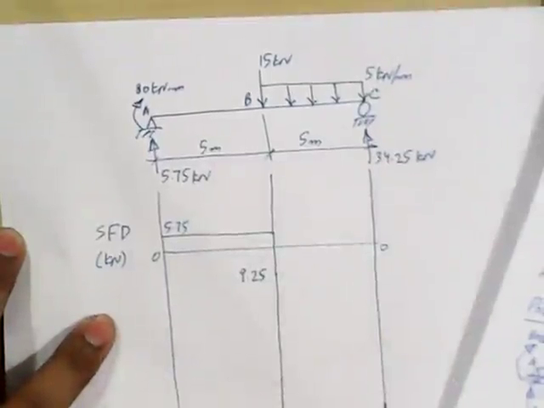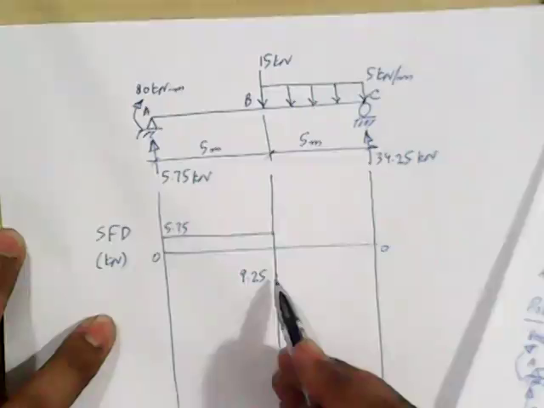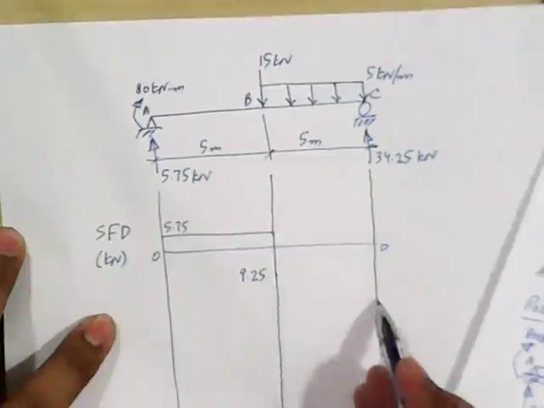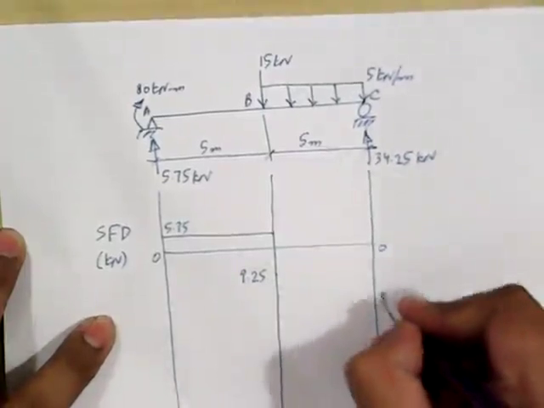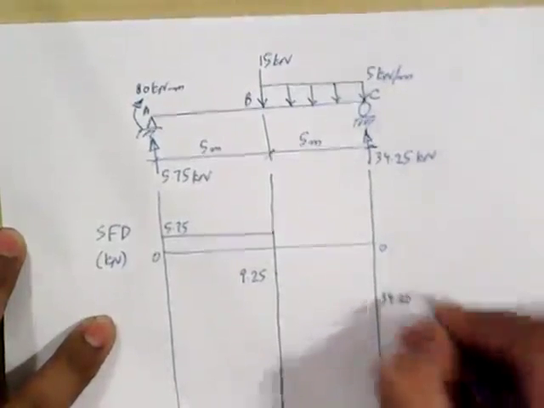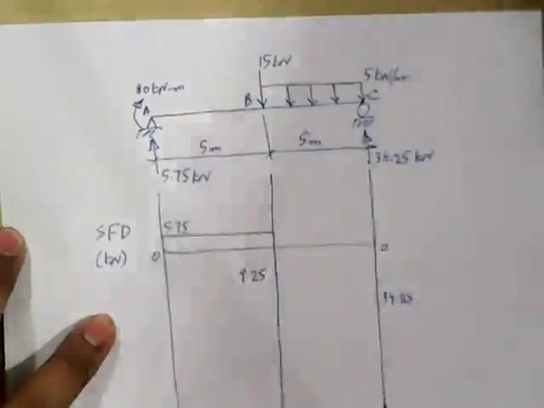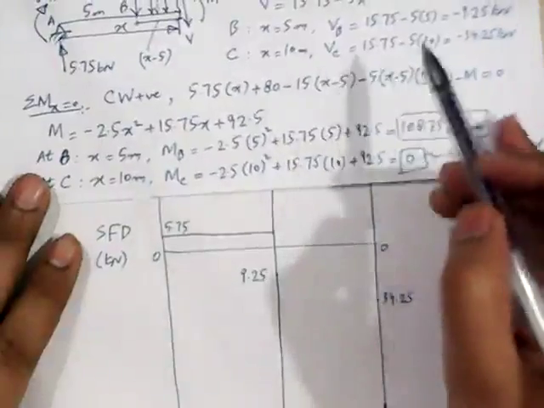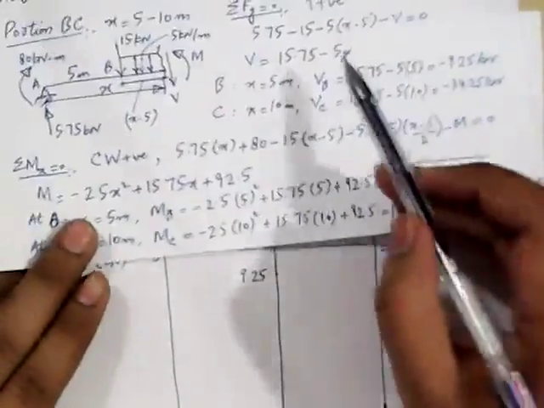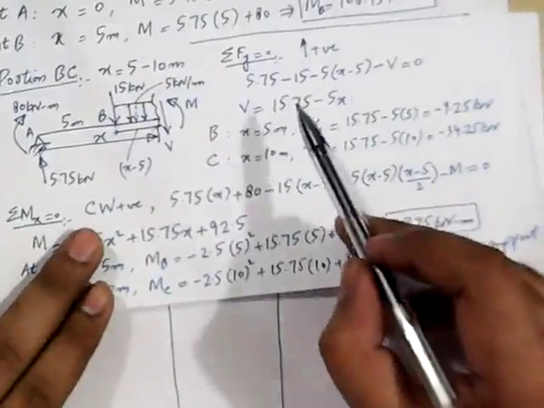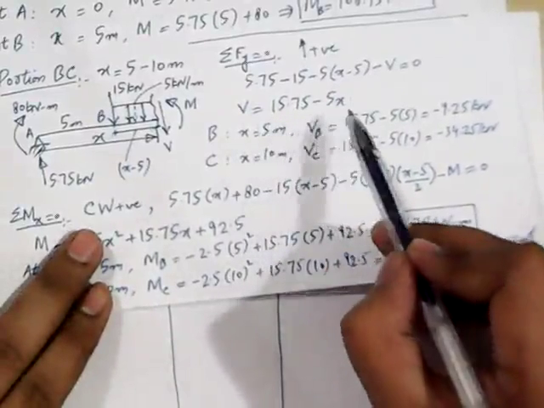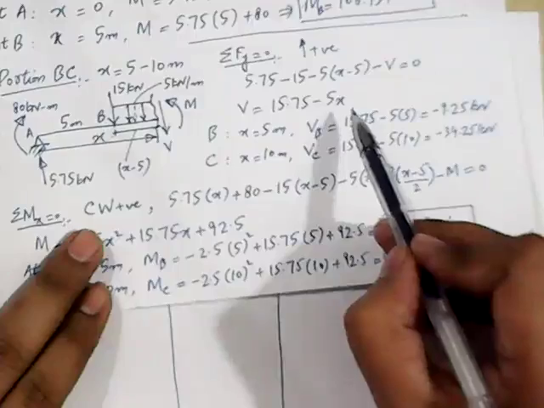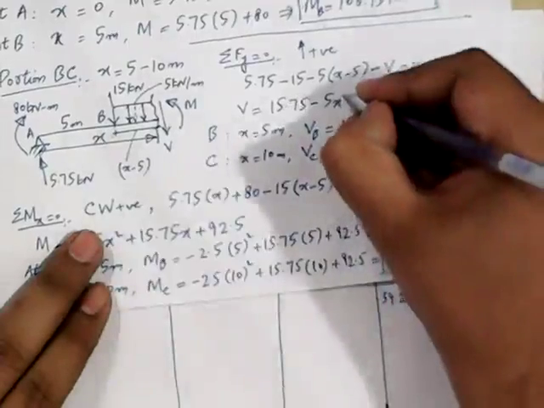Now the question is how should we join this point with this point, which is 34.25 kilonewton. For this, we will have to look at the degree of the equation of shear force. So here is the equation of shear force for portion BC. The equation of shear force is 15.75 minus 5x. What is the degree of this equation? Degree of this equation is 1.